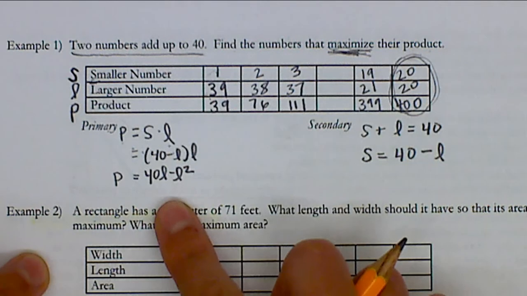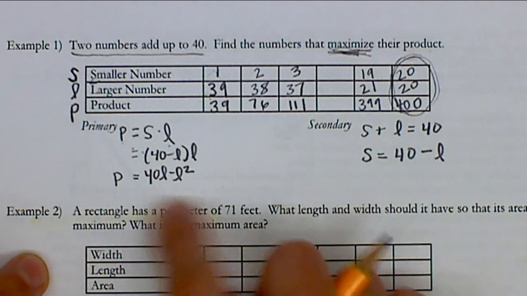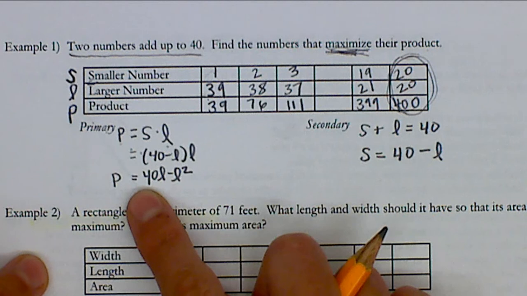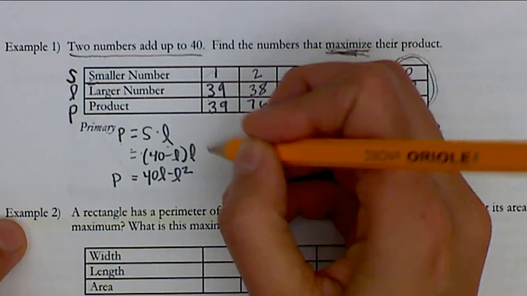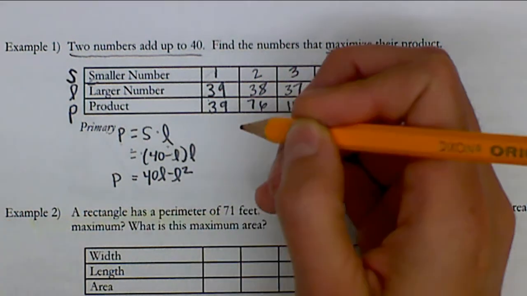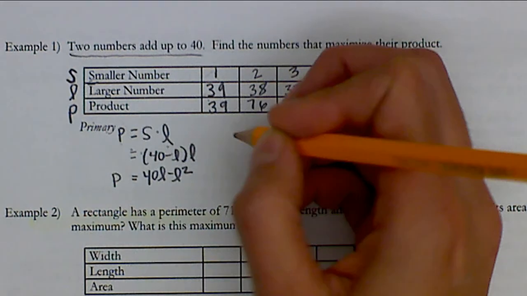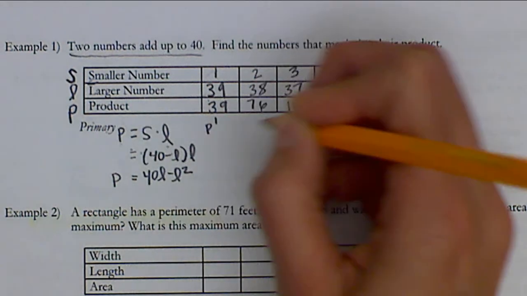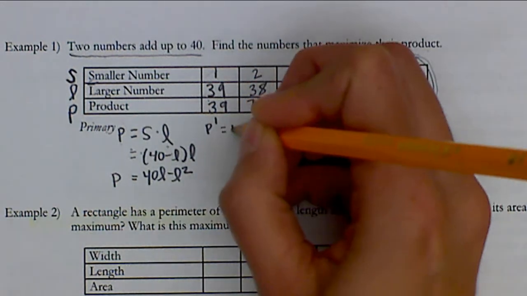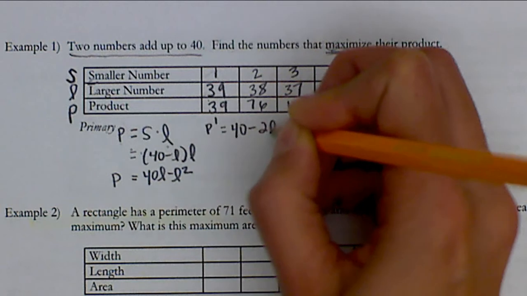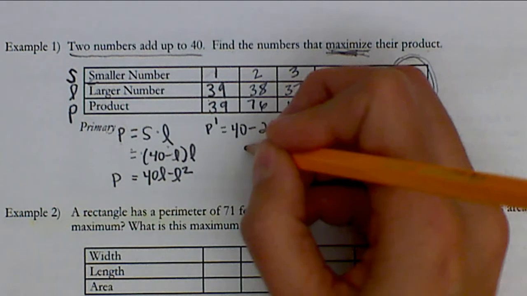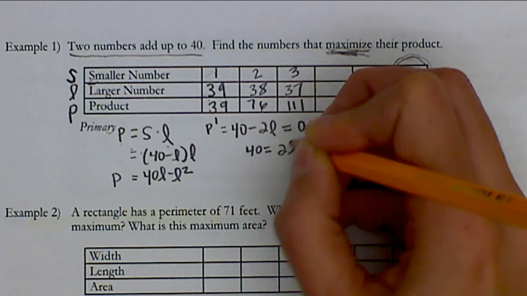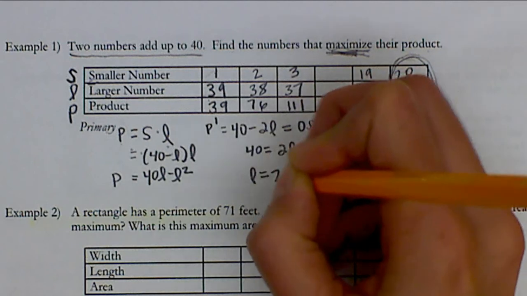Now that I have an equation, I can find a maximum or minimum. I'm going to start my calculus. So I'm going to take the derivative and set it equal to 0. So P prime is equal to 40 minus 2L. I'll set it equal to 0 and solve for L. So 40 equals 2L, L equals 20.